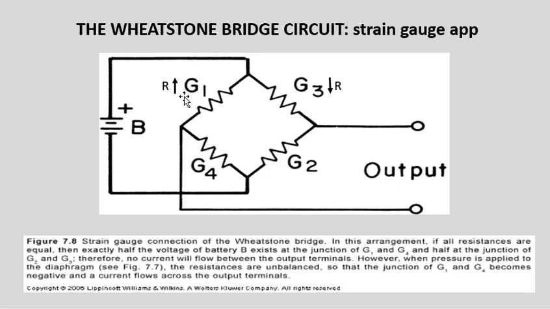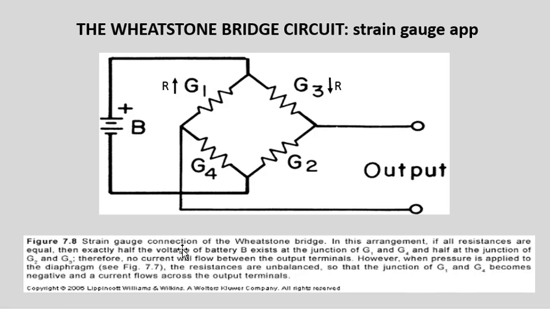When your heart beats and G1 is stretched, the resistance here increases and the resistance there increases, and the resistance here decreases, causing an imbalance in the circuit, and through the magic of electronics, current flows. And the change in current is directly proportional to the change in pressure that elicited that deflection in that membrane that caused the change in resistance.